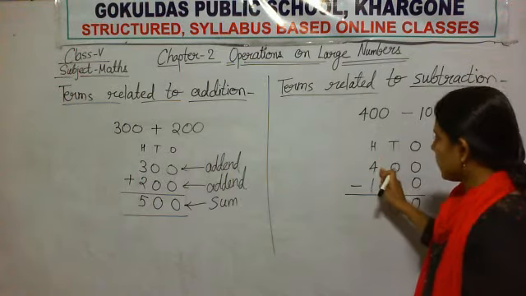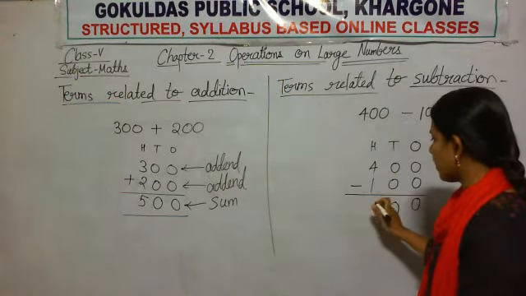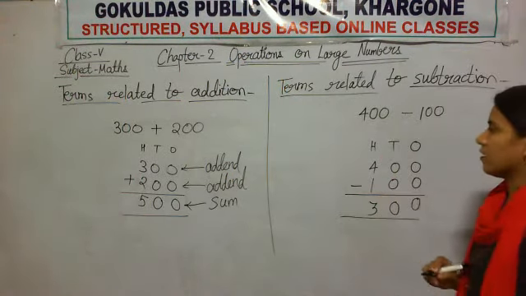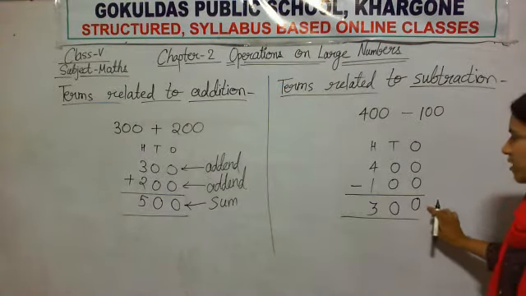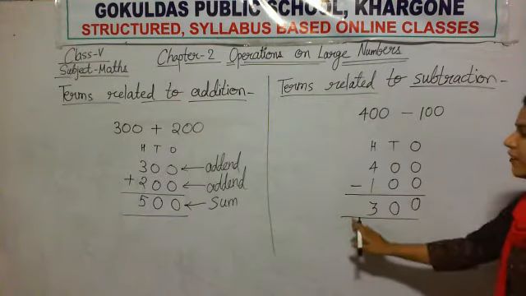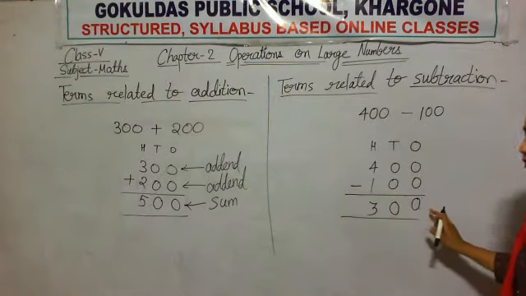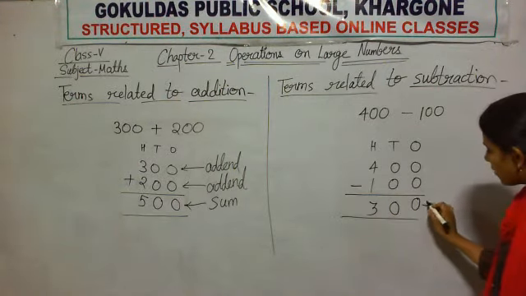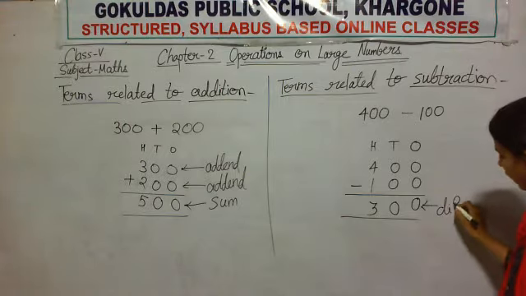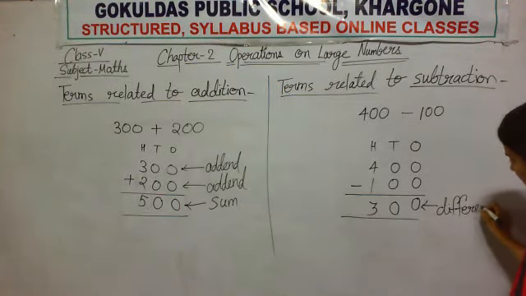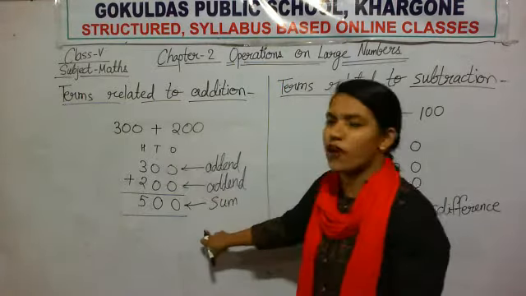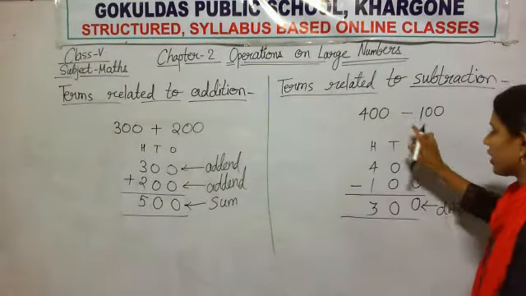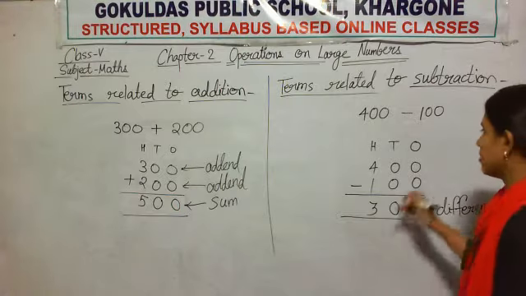Hundreds column, 4 minus 1 is 3. 300 is our result of subtraction. So the result of subtraction is called difference. Result of addition is called sum. Result of subtraction is called difference.